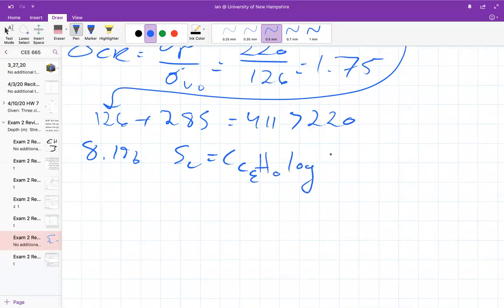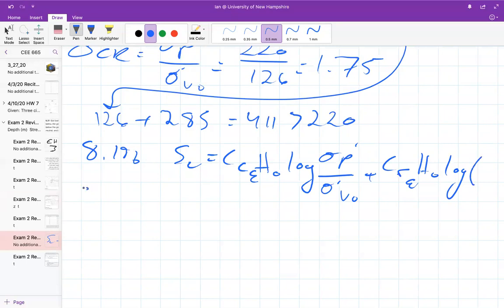Log of sigma p prime over sigma v naught plus C sub R epsilon H naught log, I'm going to write this over here, sigma v naught prime plus delta sigma v over sigma p prime.